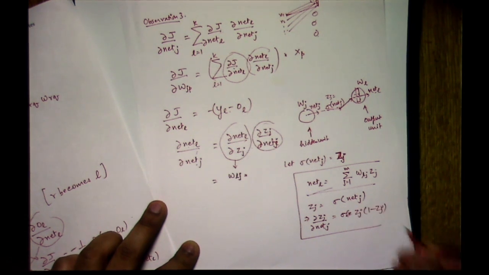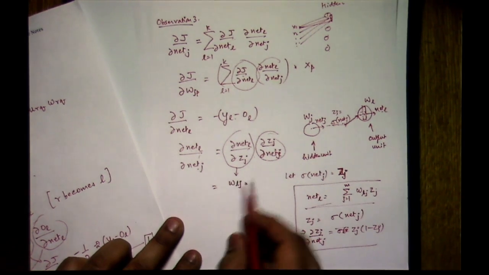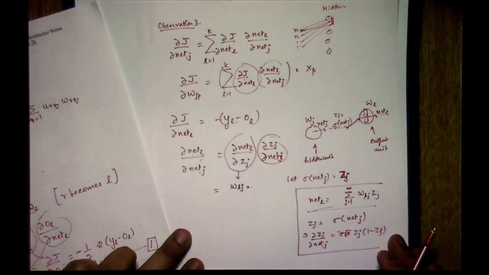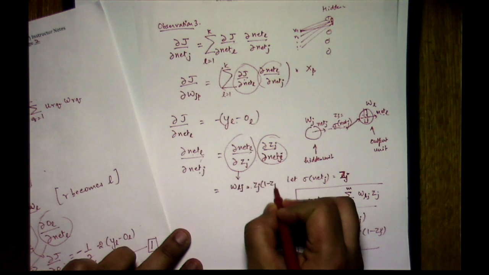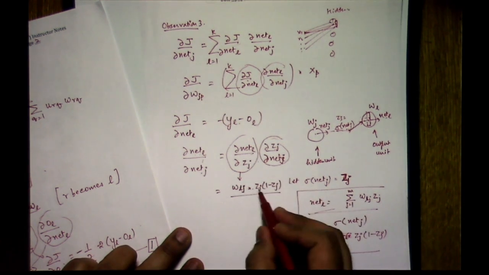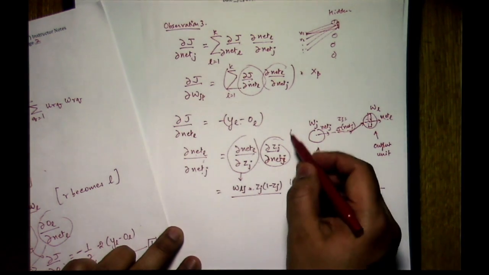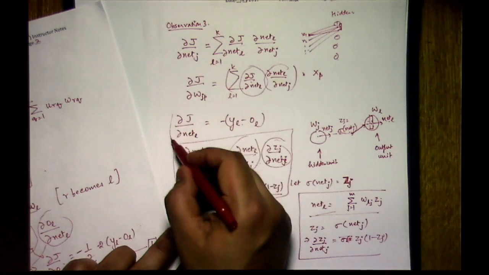That's a property of the sigmoid function. You can write this as just the output coming out of this, zj(1 minus zj), and later you can replace it with sigmoid of net j. So this is one result that we got. This is result number two.